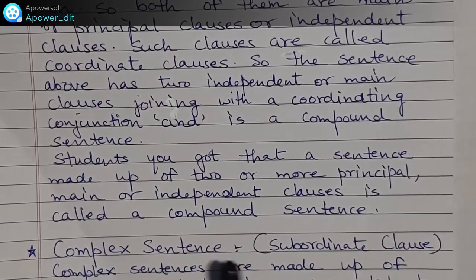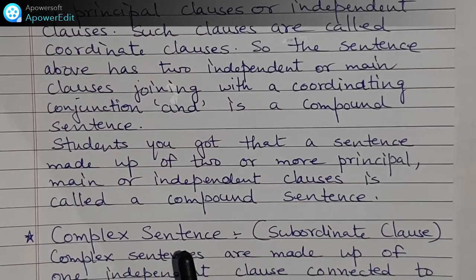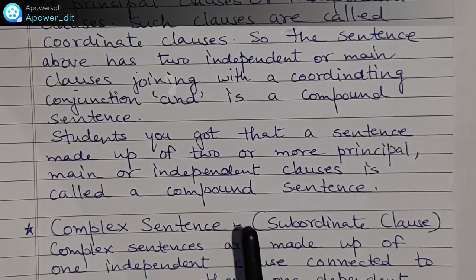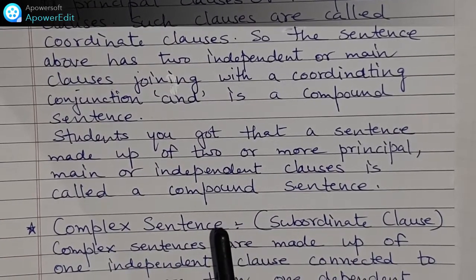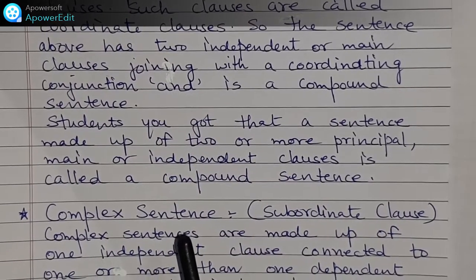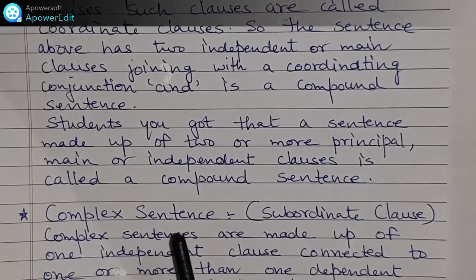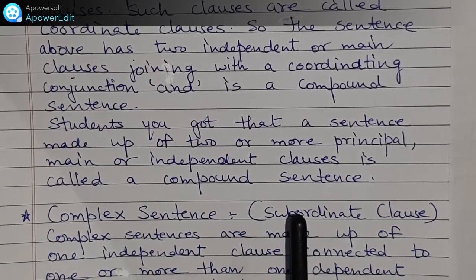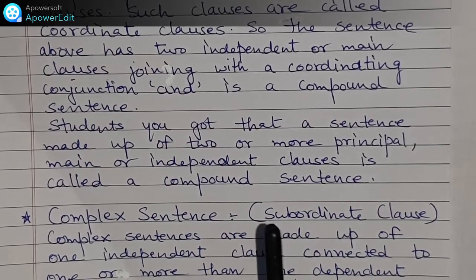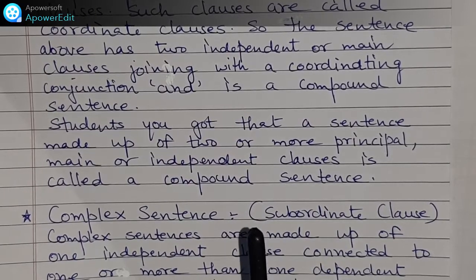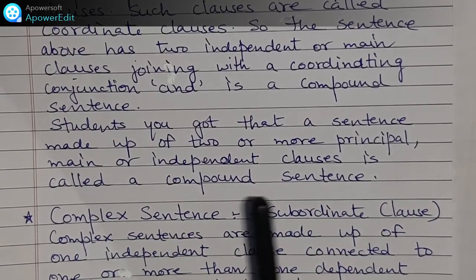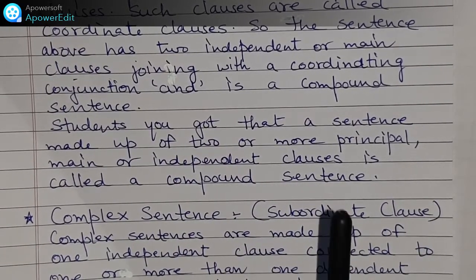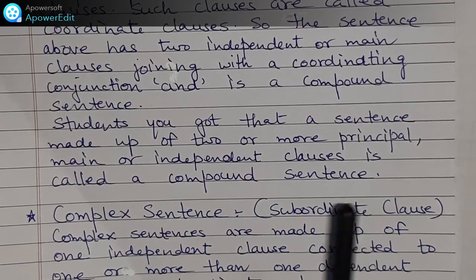Till here, you have learned about simple and compound sentences. In simple sentence, you got to know that it contains only one finite verb, and compound sentences, two independent clauses joining with the coordinating conjunction.